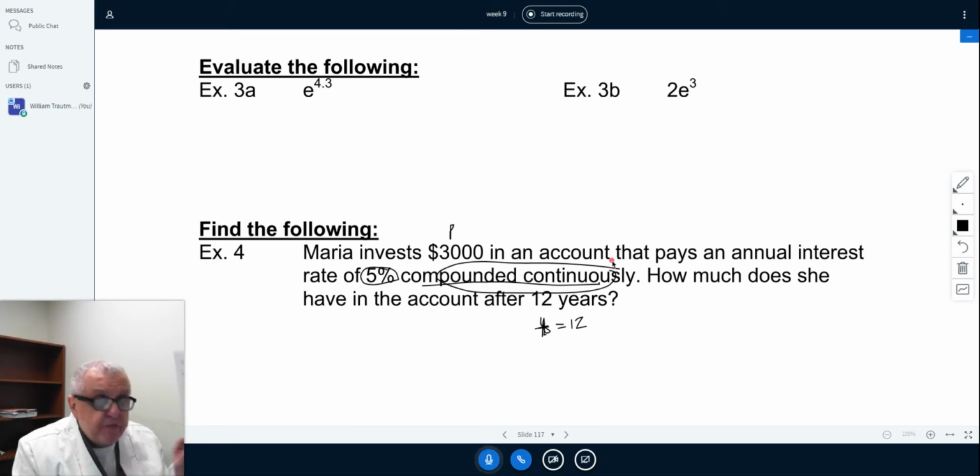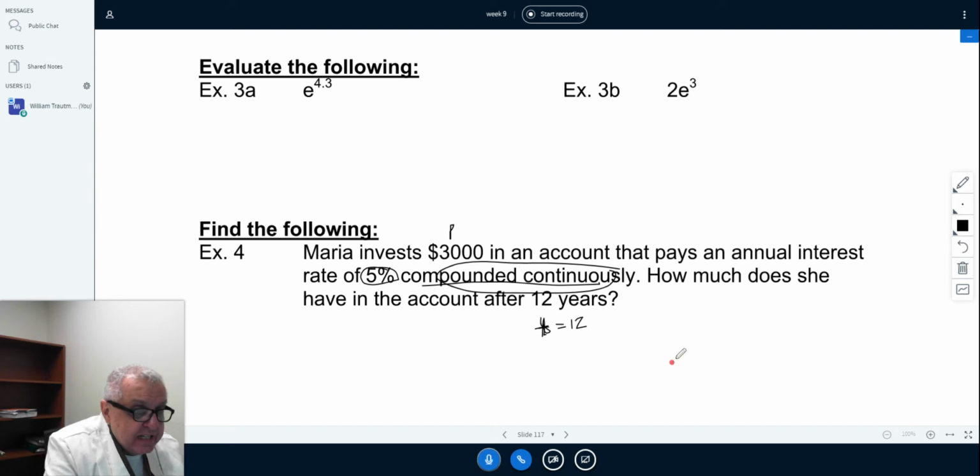You need to go to your formula sheet now and look for compounded continuously. Using the future value with compound interest formula, and next to it in parentheses, it says compounded continuous. And it looks like this: FV equals PV e to the RT. So future value equals present value times e to the RT.